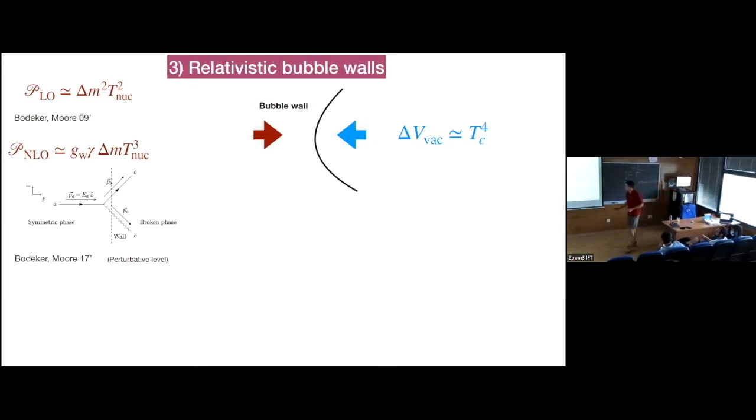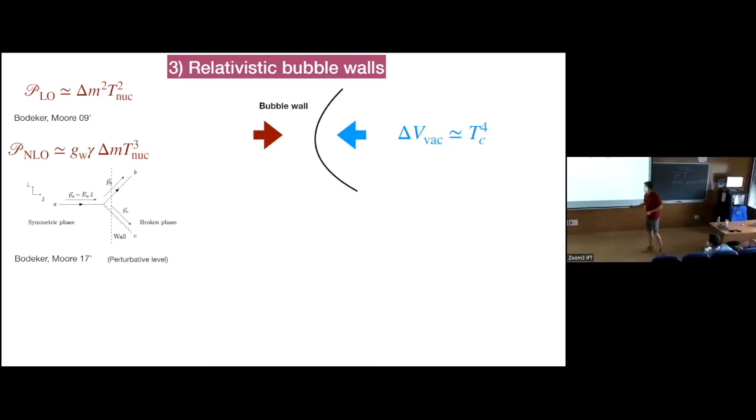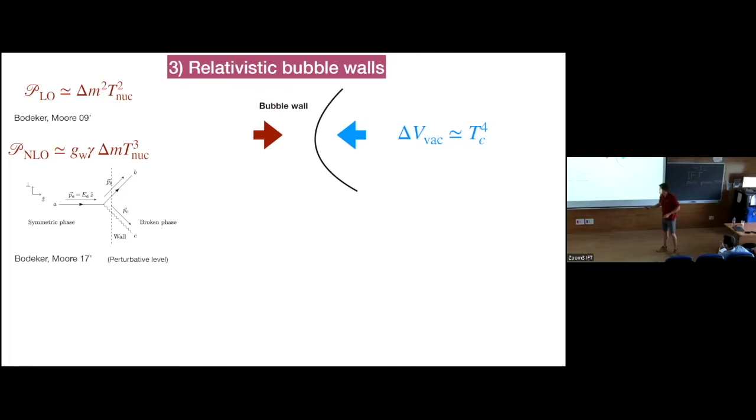But then in 2017, the same authors introduced a next-to-leading order term in gauge coupling. Due to particles, when they enter the wall, they can radiate Bremsstrahlung, and this Bremsstrahlung can acquire mass. This is suppressed by the gauge coupling g, but enhanced by gamma, the Lorentz factor of the bubble wall.